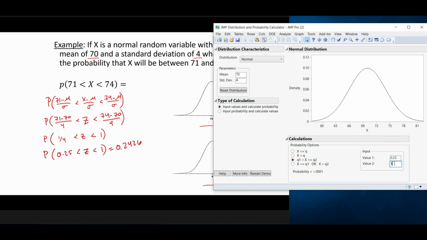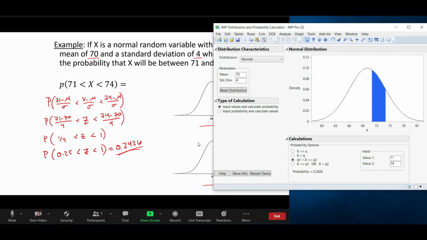It automatically checks these to make sure that the larger value isn't smaller, so maybe I need to change that one first. 74 and then 71. So it identifies that, and for that area it gets 24.26%, which is the same thing that we calculated in standard units. So either way, you get to the same solution.